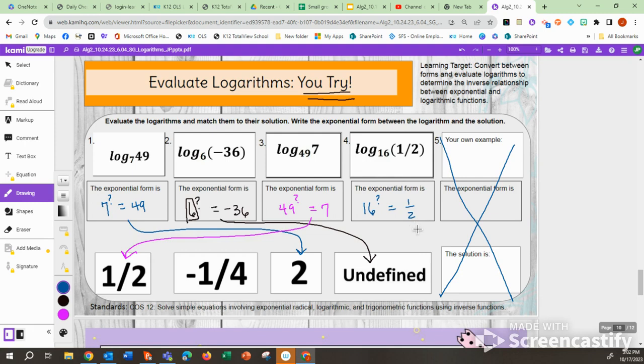Because it's 1 over, that clues me into the power being negative. And then it's going to be 1/4 because that's the same as the 4th root. And the 4th root of 16 is 2. So it's going to be 16 to the -1/4 because that's going to be 1 over 2. So this one's going to match with -1/4.